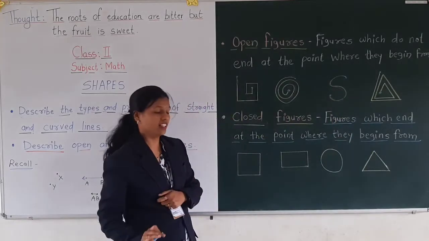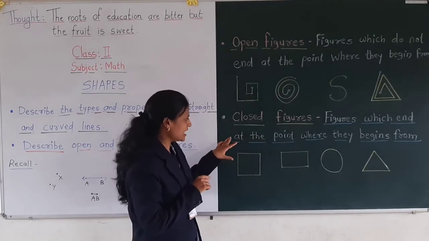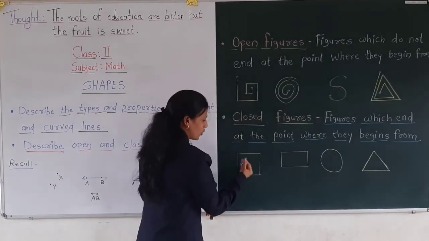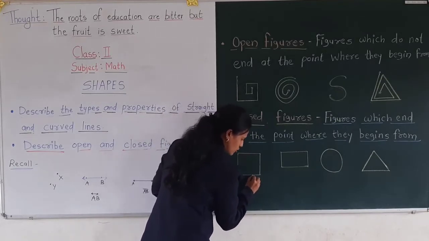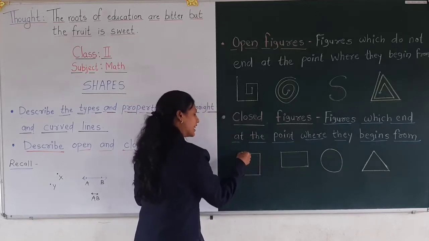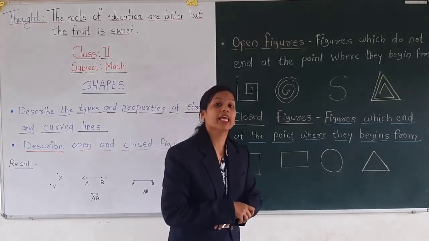The closed figures are the figures which end at the point where they begin. Let's see, for example, this square shape. I start from here, down side, and again draw one more line on the right hand side, top side, again left side, and I stop here only, on the same point.